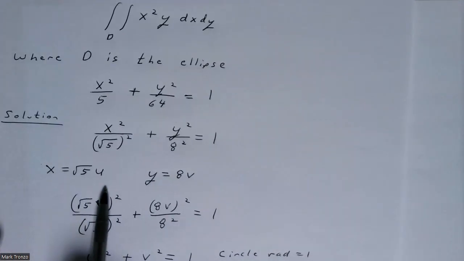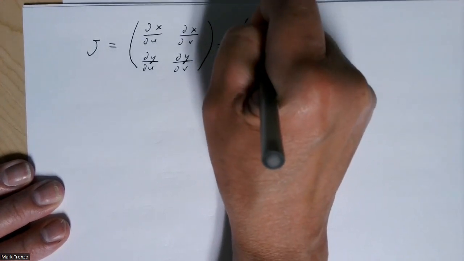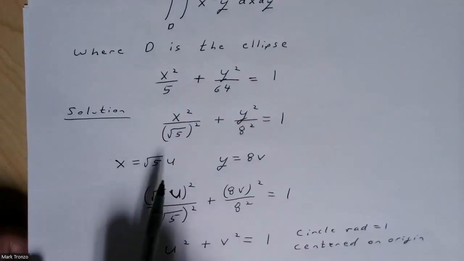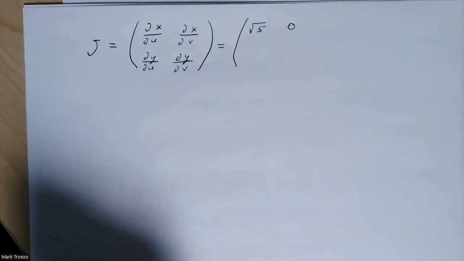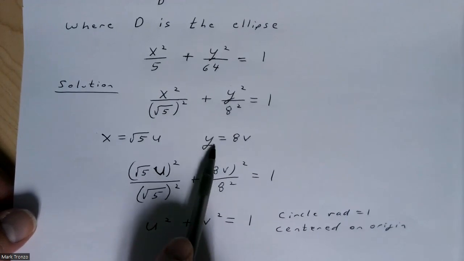And so again, take the derivative here of x with respect to u. And the derivative of x with respect to v, of course, that's going to be 0. Derivative of y with respect to u is going to be 0.